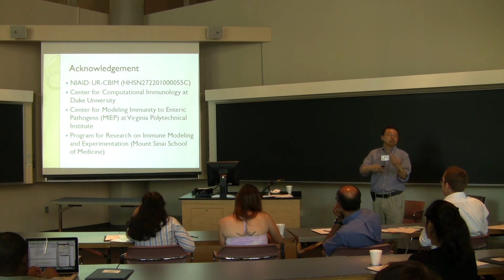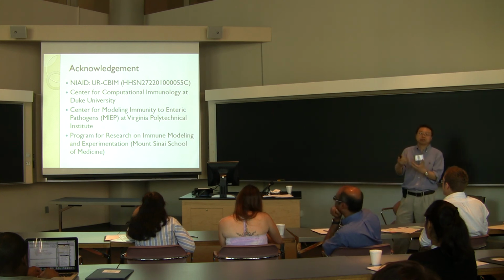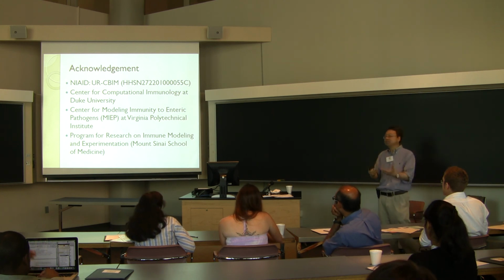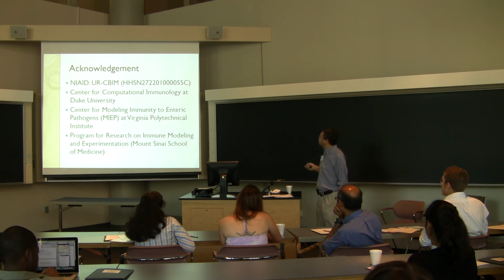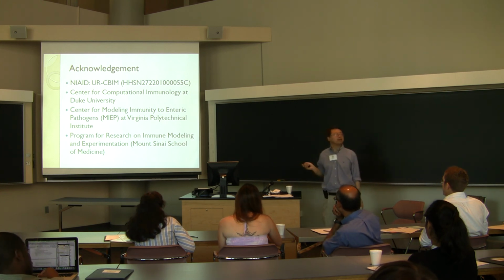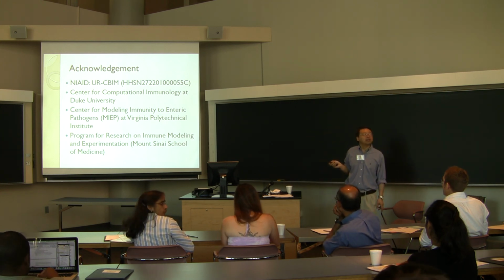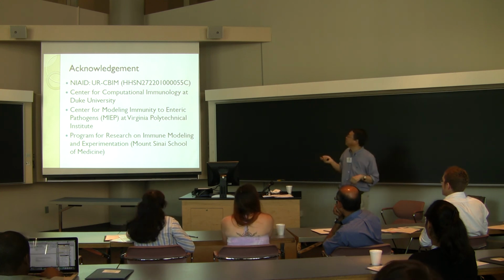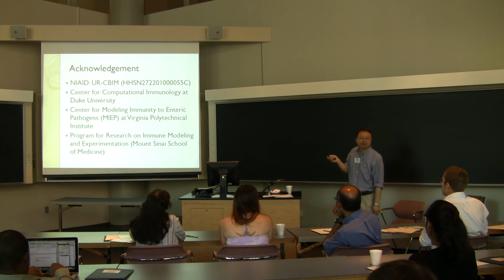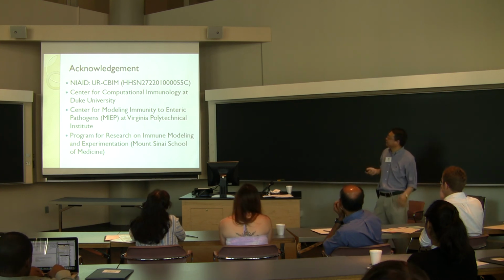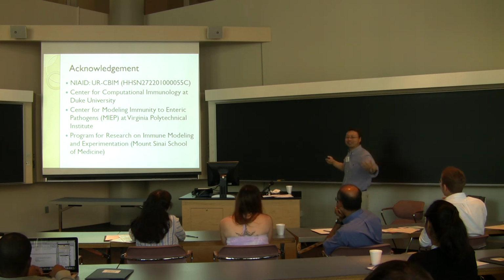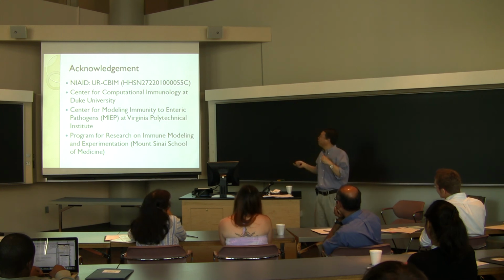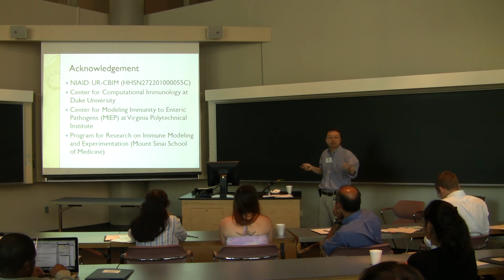We work together to host this summer school and the symposium every year. So next year, I think it will be at Mount Sinai, right? What? Duke. Okay, that will be Duke. But I'm not sure whether they will be in Duke or Boston, because the PI moved to Boston. So we'll do this every year, and all these 4 centers take turns to host this.